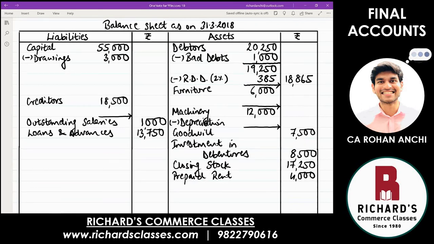And calculate 7.5% of that figure, 12,000. 900. Deduct and tell me in the outer column. 11,100.